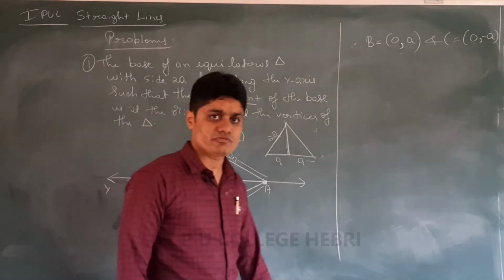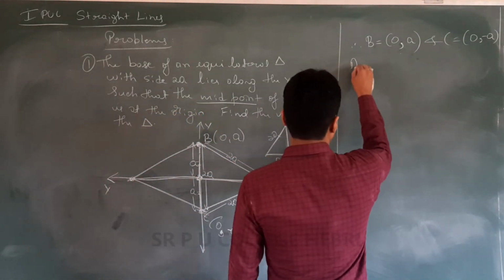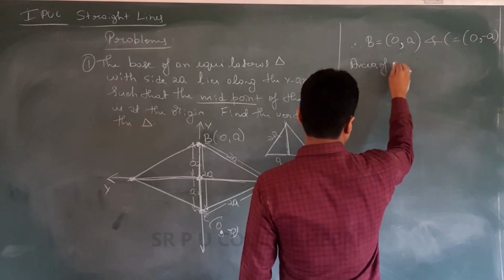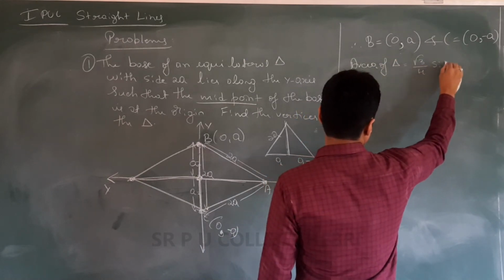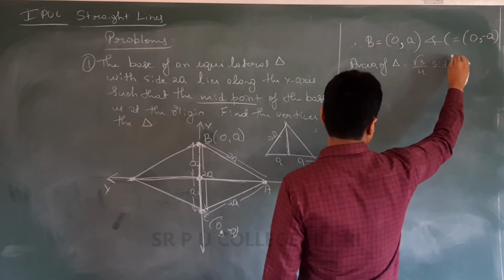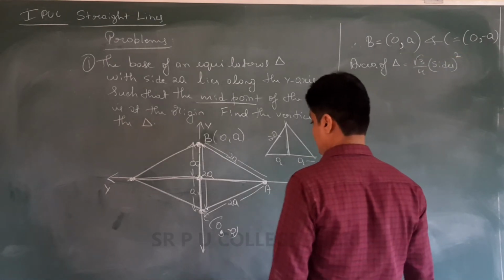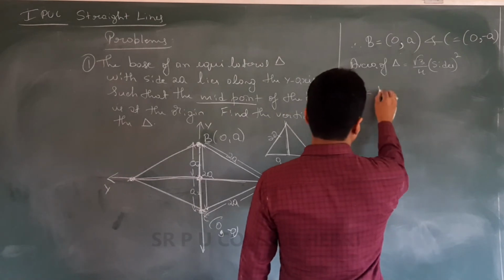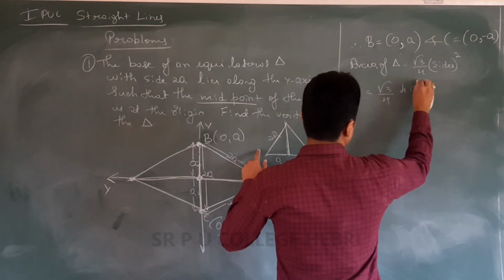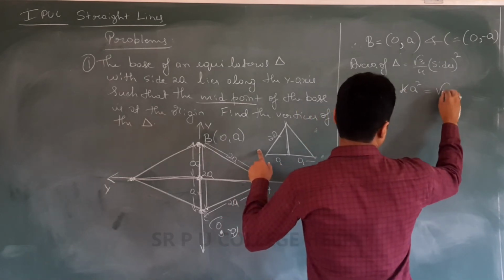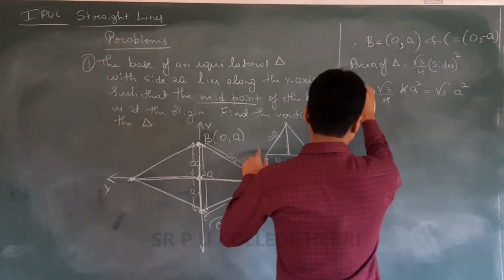So what is the area of an equilateral triangle formula? Area of an equilateral triangle is root 3 by 4 into side squared. Easily you can find this. That is root 3 by 4 times (2a) squared, which is 4a squared, so the 4 cancels and it is root 3 into a squared. This is the area.